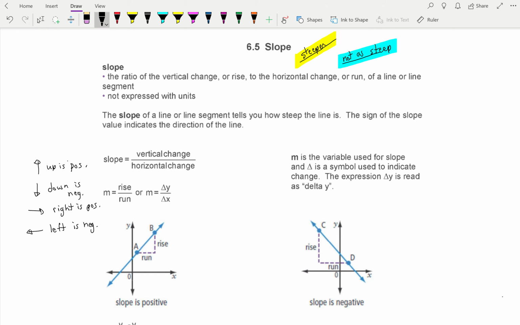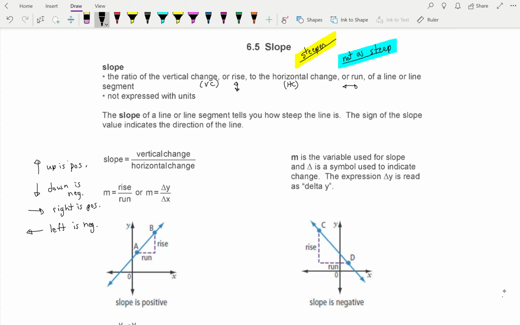So by definition, the slope of a line is the ratio of the vertical change, which I'm going to abbreviate as VC, or rise, which is up and down, compared to the horizontal change, which I will call HC, or the run, which is a left to right direction of a line or line segment.